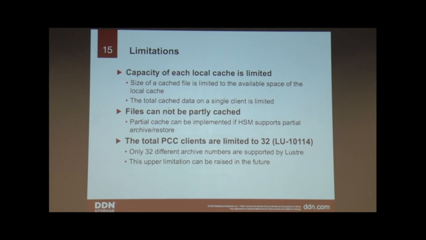And at the same time, a file cannot be partly cached. The file can either be fully cached on the client, or there is no cache of that file. This is a limitation of the HSM mechanism, but that might change if HSM supports partial archive or restore.